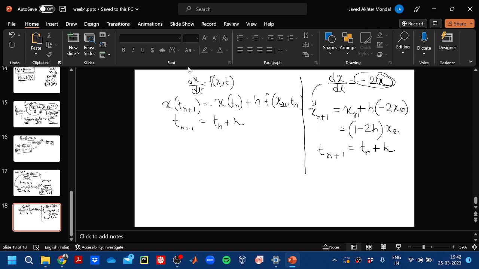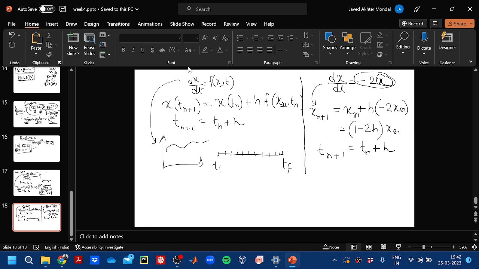So from this, how can we get x as a function of time? What we can do here is use a for loop for the length of n. This is our t initial, this is our t final, and we are discretizing it.